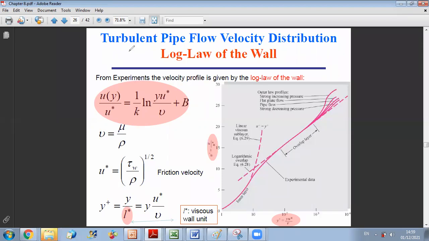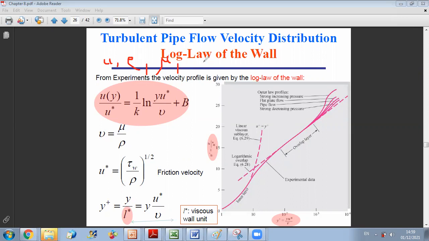Parameters that are important are the velocity of the flow field, and since there is a flow field, there are rho and mu. Shear is also important for us. We have friction factors also important.